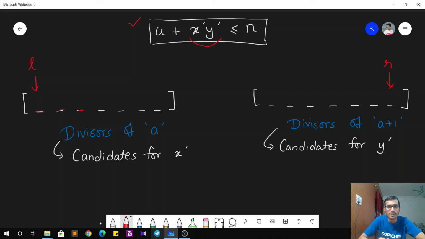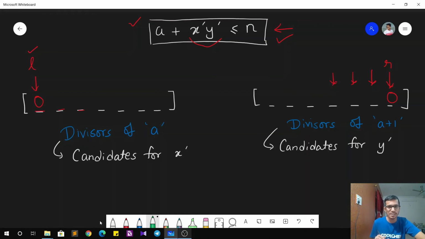So what we do is that temporarily we fix this pointer over here and check if the value present over here and the value present over here satisfy this condition or not. If they do not satisfy the condition, we move the pointer R towards the left and we keep on doing that until this condition is satisfied.